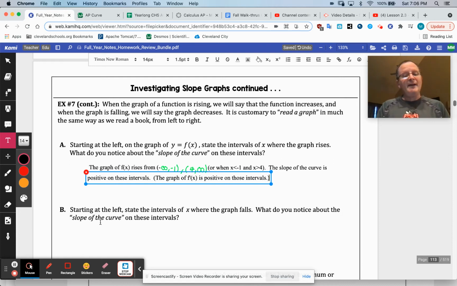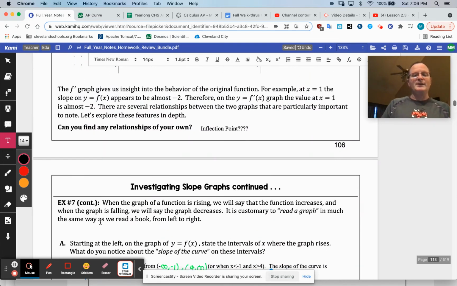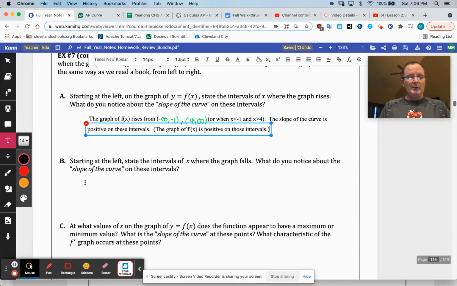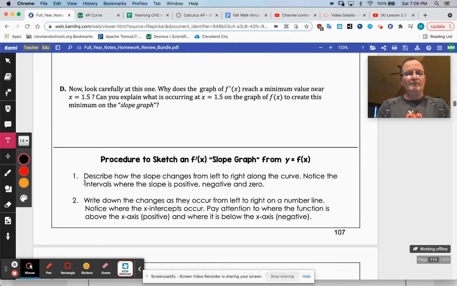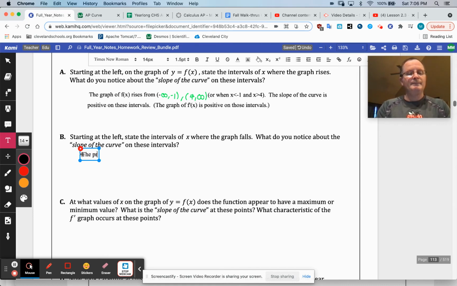And then starting at the left, state the intervals where the graph falls. Well, we had done that in purple. It looks like it falls in between those two. So I will say the graph of f of x falls or decreases on the interval -1 to 4.